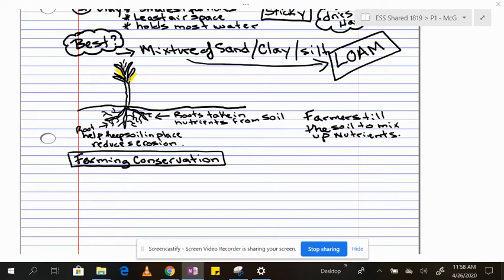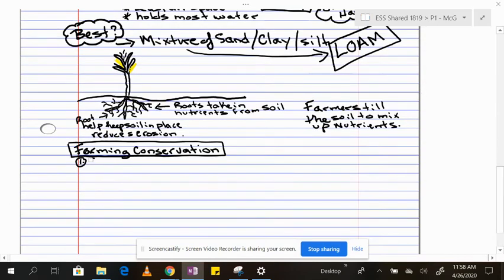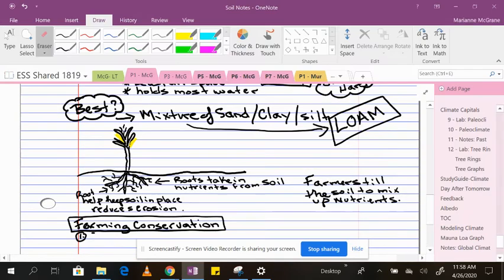So we have to do that, and the farmers do that, number one, by rotating their crops. Crop rotation.